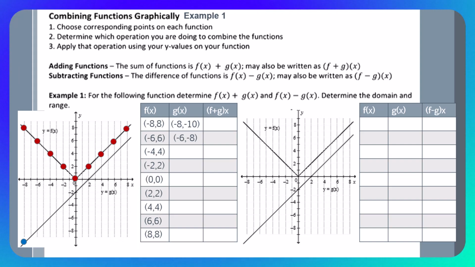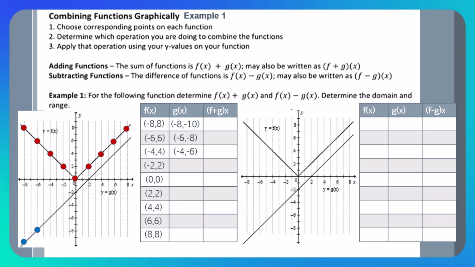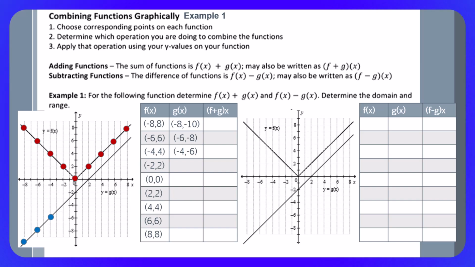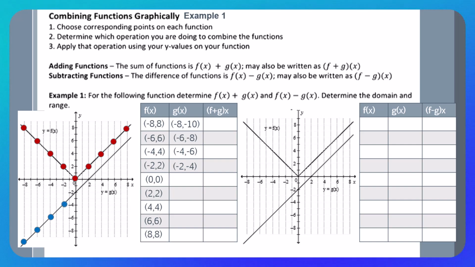And then I'm going to move to negative 6, negative 8, plot that point. I'm using the same x values. I'm just finding the corresponding y value for function g. Okay, so I'm going to go next to negative 4, and I'm going to find the corresponding value on that linear function at negative 6. Then at negative 2, negative 4.